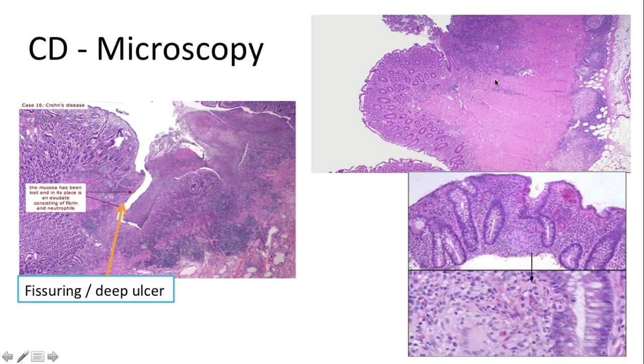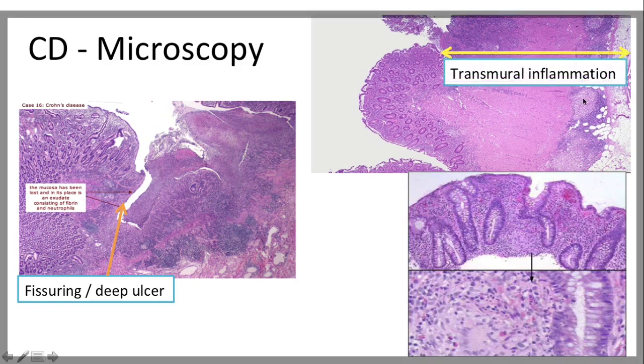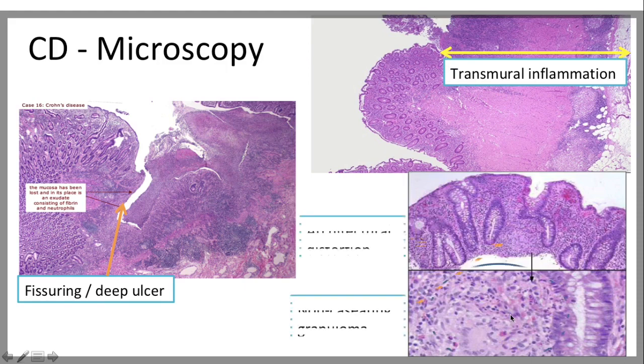This image here on the top right shows you transmural inflammation. You have inflammatory infiltrate, which is very blue, going into muscle, and you have multiple lymphoid follicles in the subserosa as well. Okay, so this is transmural inflammation. And in terms of the architecture, there is some derangement with branching of the crypts and presence of a granuloma.